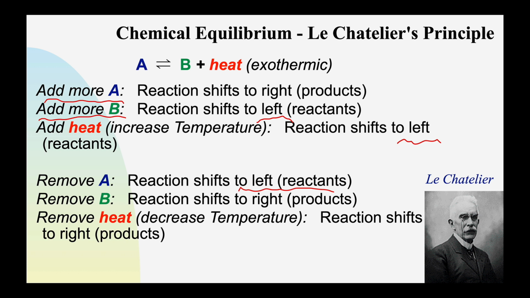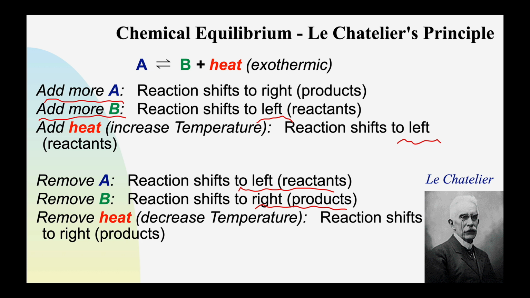If you start to remove B, a product, which is much more common, by the way, the reaction is going to start shifting to the right. So if you want to make a lot of product, you're going to try and get that product out of the equilibrium. Maybe you can filter it fast or something like that, because you remove something and the reaction shifts to the side that you removed. So it shifts in this case to the product side.